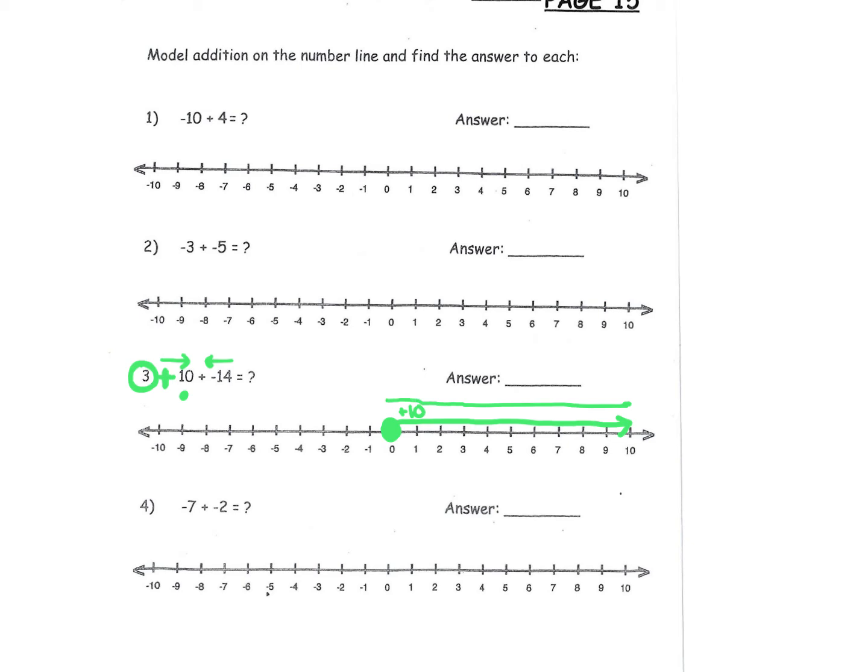So far we've gone 10, 11, 12, 13, 14. This vector should be labeled negative 14. And our answer, well, that's a negative 4. Practice more on your own when you have time. And now let's move together to page 16.